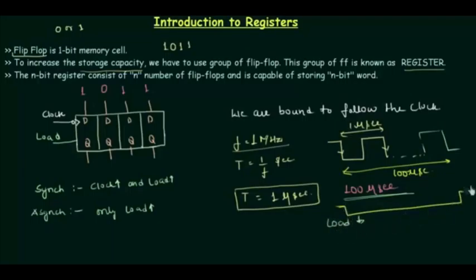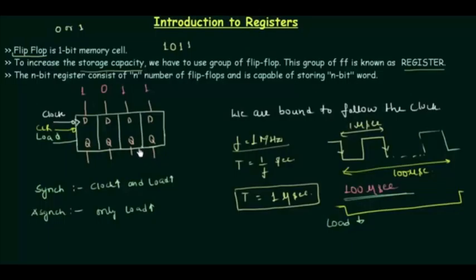This is my load and it is low for the 100 microseconds, and there will be no change in the register. The value stored is not going to change. It will be 1011, and there will be clear input. You already know what is clear input. It will reset our flip-flops, and in this case it is going to reset all the values of the 4 flip-flops. This clear is connected inside to all these flip-flops.